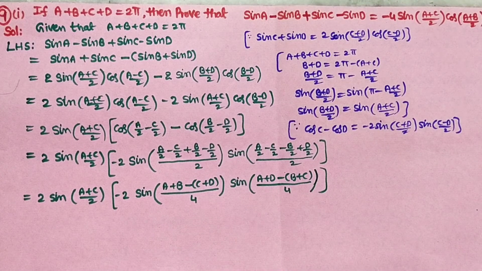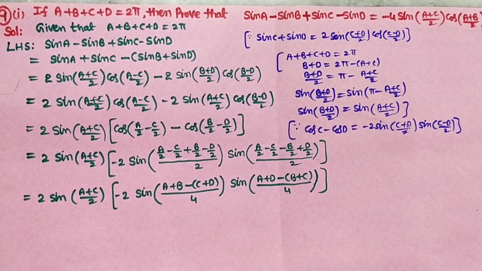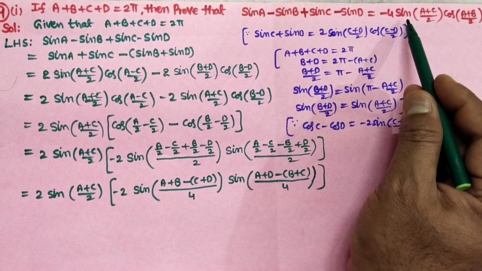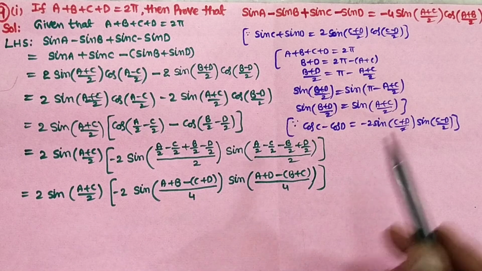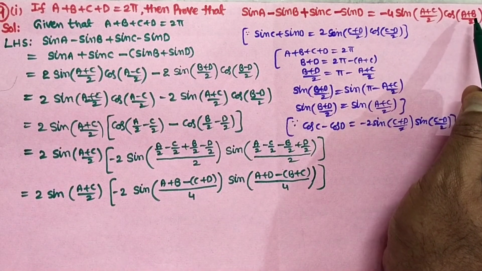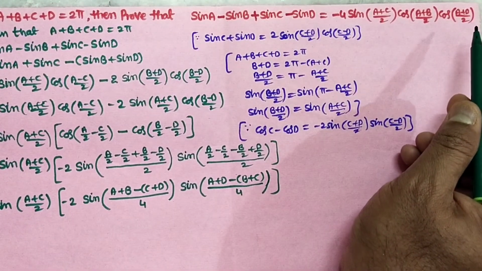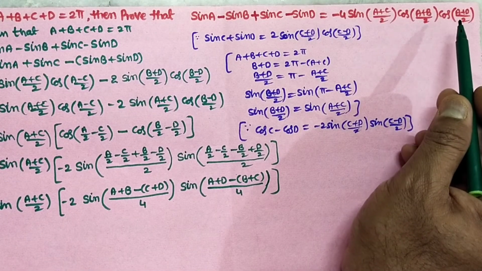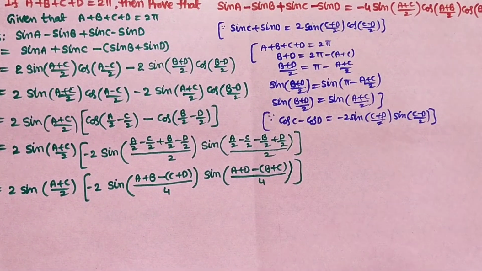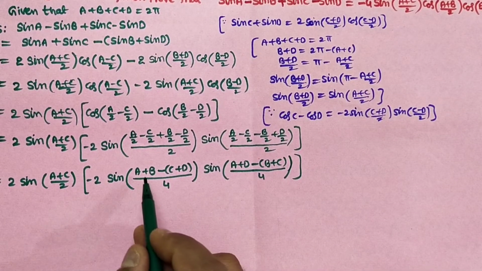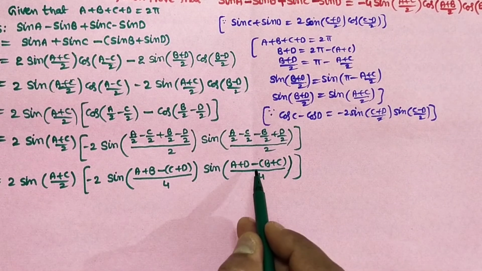Now according to the RHS you have to get the values. So in RHS observe that sine of (a plus c)/2 we already got. Next we want to get cos of (a plus b)/2 and cos of (a plus d)/2. These values we need to get. See here a plus b is there as well as a plus d is also there.